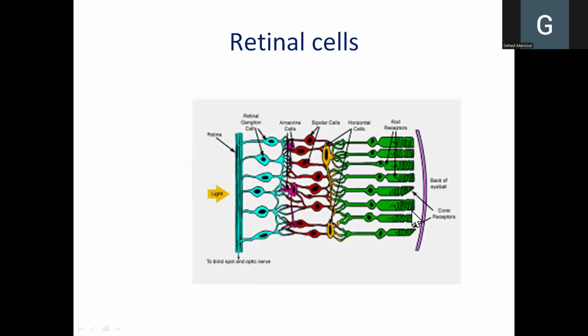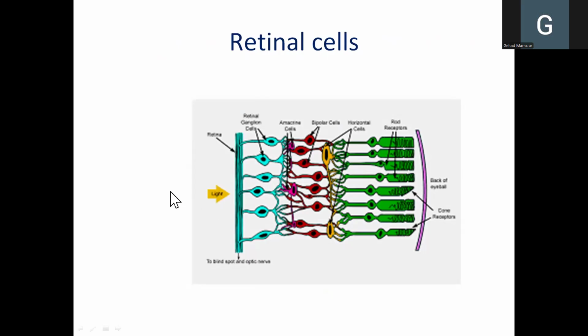As you can see, the cones are conical in shape at their ends, whereas the rods are cylindrical in shape, and both are sensory cells that transduce the light energy that falls on them into electric energy that will be carried by the optic nerve.